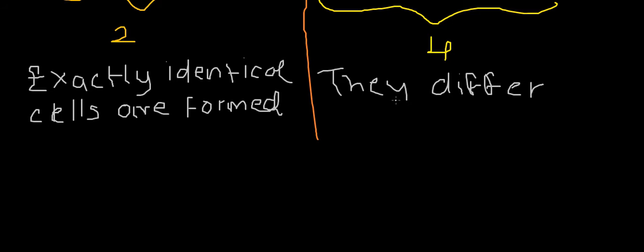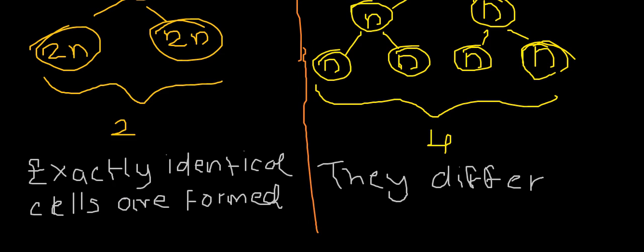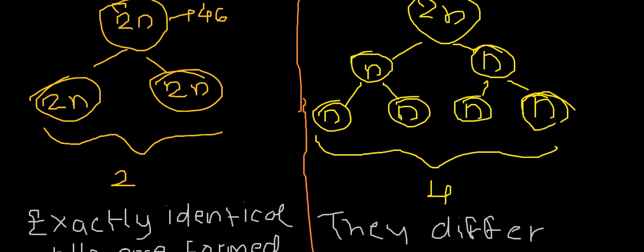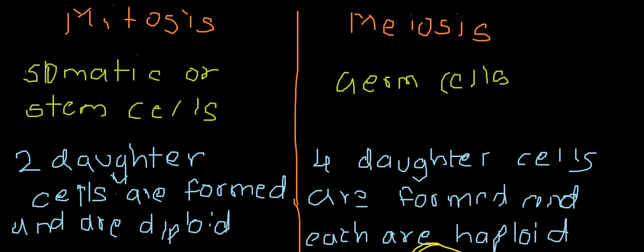Now if you have a sibling, there will be some characters that are similar in both of you, but he will not be exactly similar. He will not be the copy and paste version of you. He will even have some differences. This occurs due to meiosis.